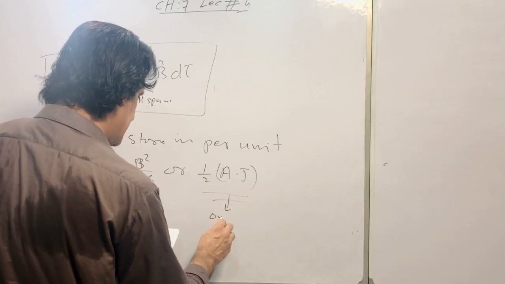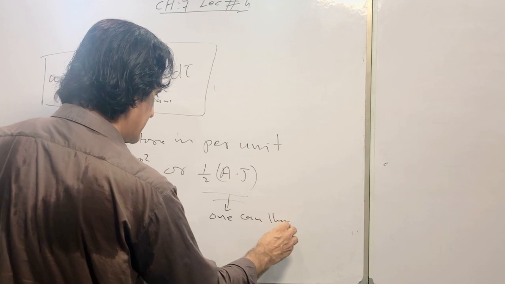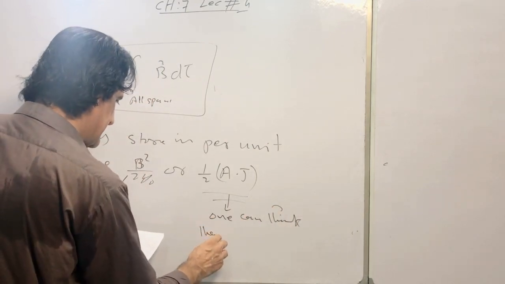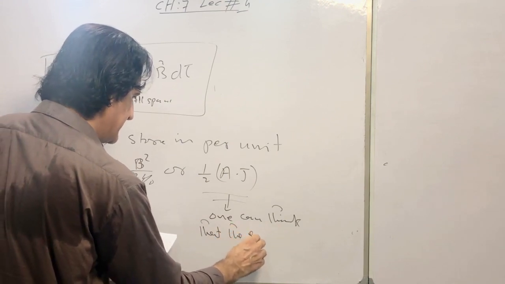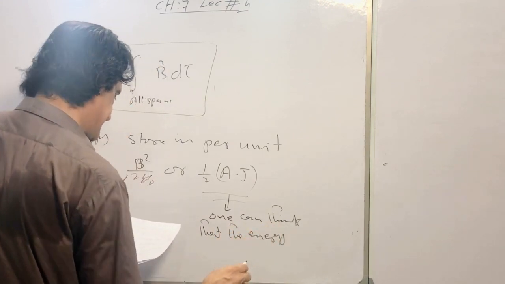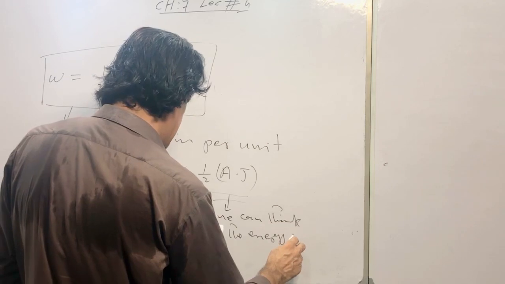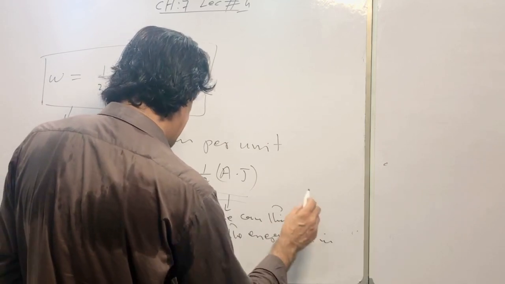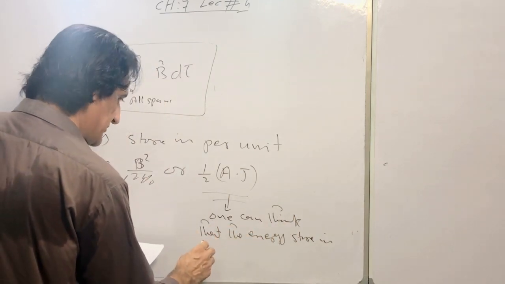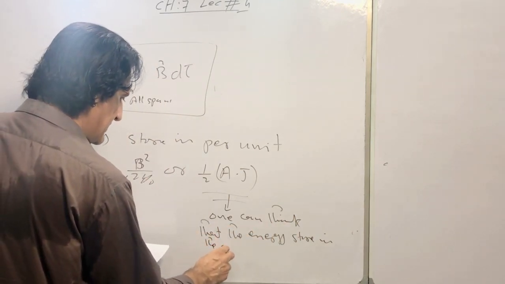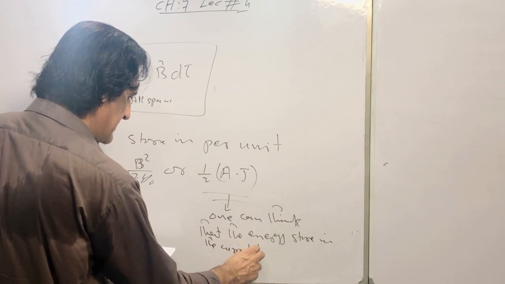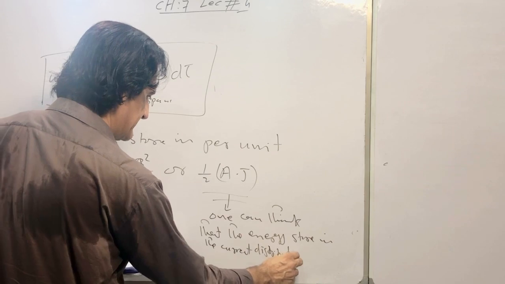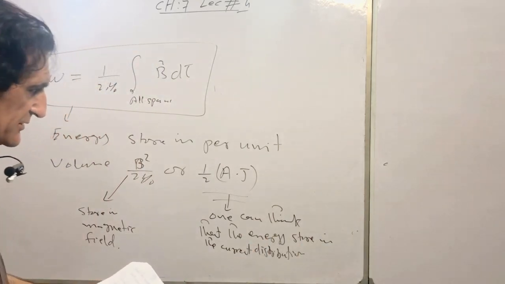From this, one can think of the energy stored in the current distribution, per unit volume.